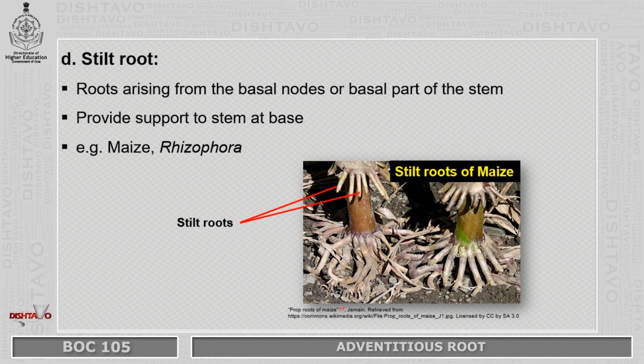If you carefully observe a maize plant, at the basal nodes you will find several stilt roots arising from the nodal region. You may also find such stilt roots in sugarcane. Then another best example is Rhizophora, a mangrove plant, where you will find several stilt roots arising from the base. But in some literature you may find they are also called prop roots.